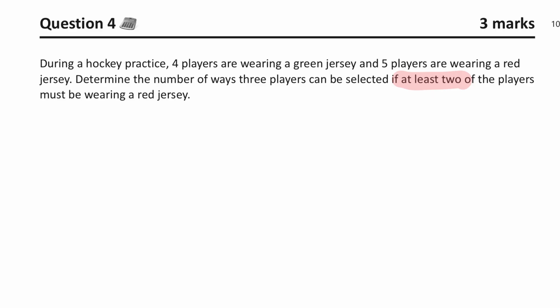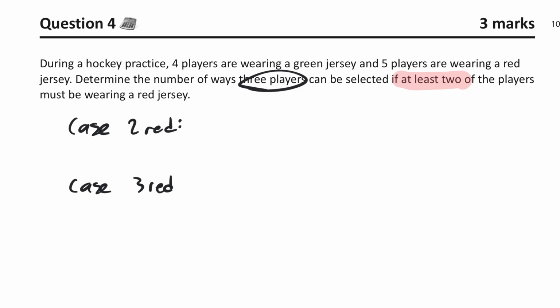Let's think about the different cases we could have. Well, we're going to be selecting 3 players, and at least 2 of them have to have a red jersey. So we have the case with, let's say, 2 red, and we have the case with 3 red. Because 2 red is at least 2 red, and 3 red is at least 2 red.